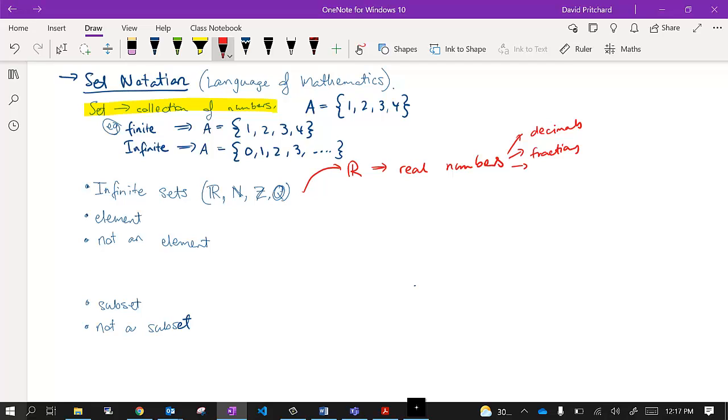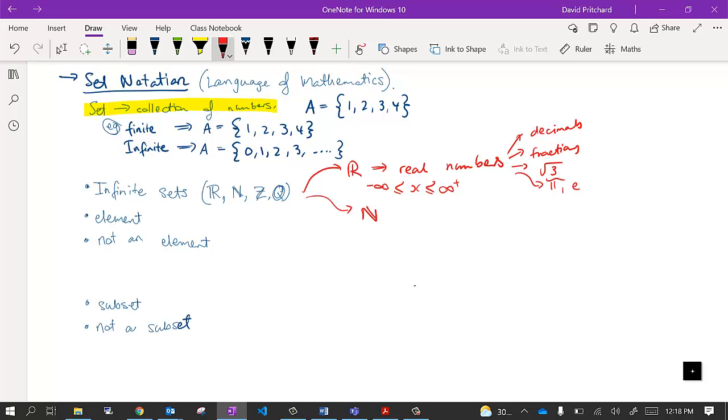So remember that surds are things like square root of 3, transcendental numbers like pi, Euler's number, and so on. So any number that's a real number can exist in this set of real numbers. Now, it's contained between negative infinity up to positive infinity. So pretty much any number you can think of exists in that set of real numbers.